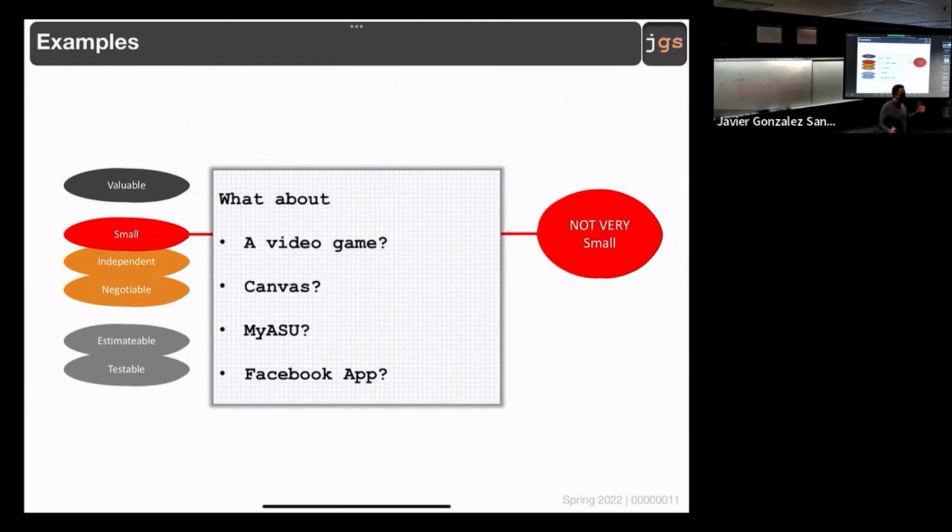You all know the video game, Pac-Man, Tetris, whatever. I am going to focus on Pac-Man. If I ask you for 5 requirements for that game, 5 things that you could ask a group of developers to develop that game.